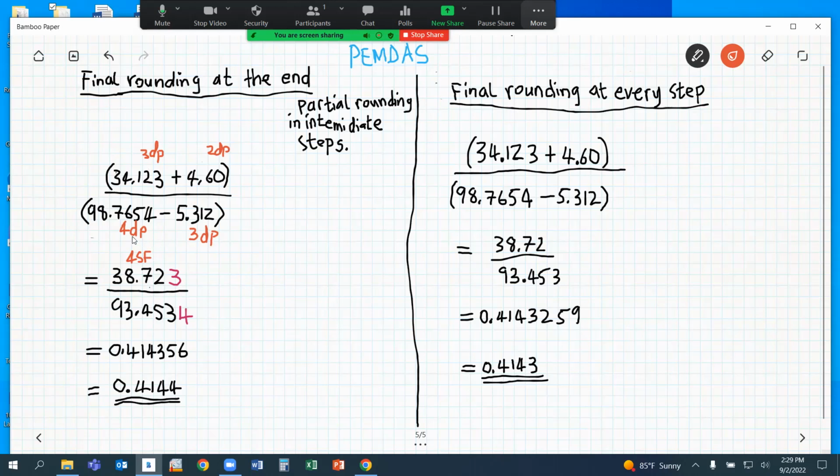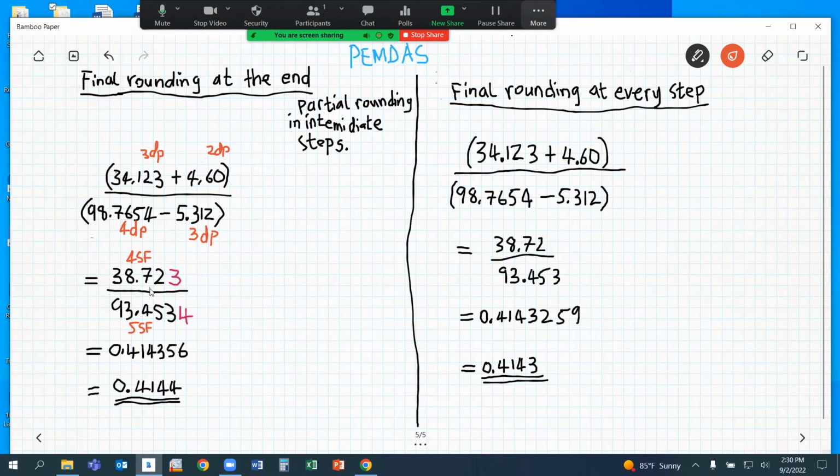And our decimal places in the denominator from the first step end at 3, and that gives us 5 significant figures. So we have 4 significant figures in the numerator, 5 significant figures in the denominator. That means our final answer should be to 4 significant figures.